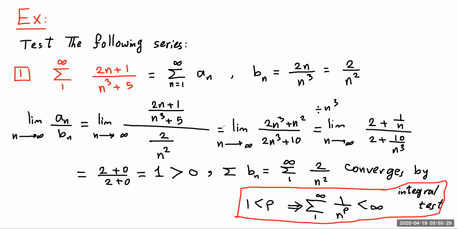Okay. So because the series sigma bn is less than infinity, and because the limit of an over bn is 1, positive, now using the limit comparison test, sigma an from 1 to infinity converges.